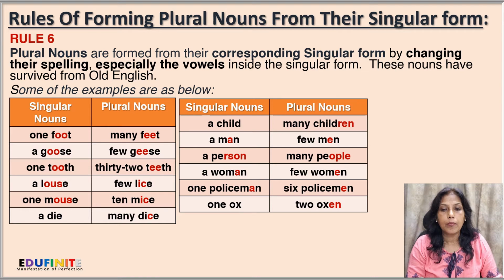Here we are changing RSON to OPLE, person, people. A woman to few women. One policeman to 6 policemen, which is a plural form. One ox to 2 oxen. So ox is being changed from the singular form by adding en to plural form oxen.